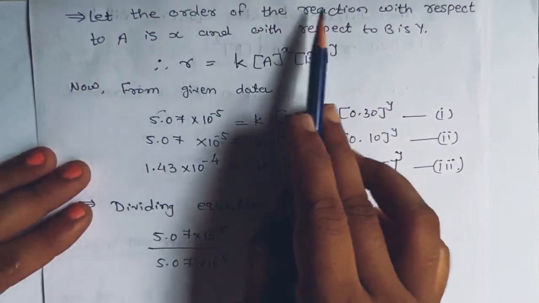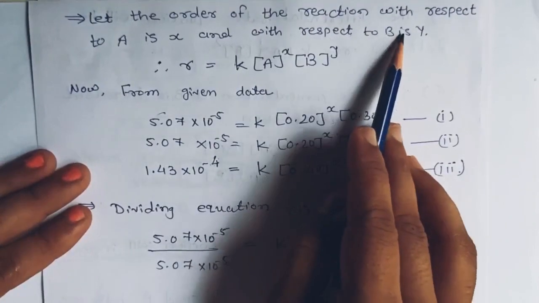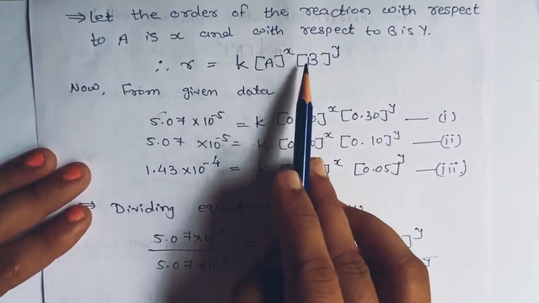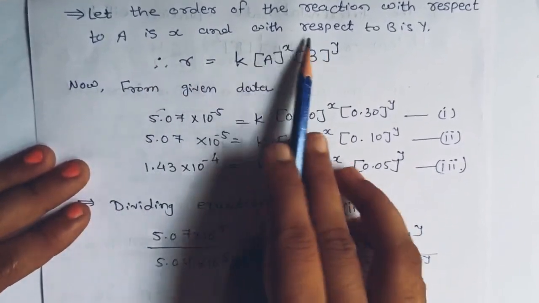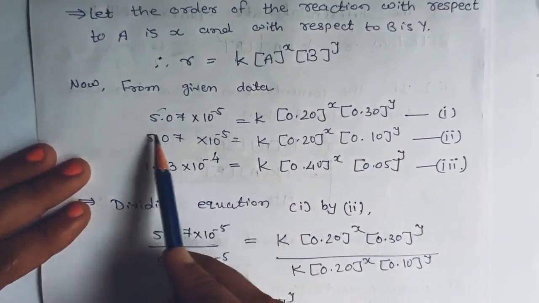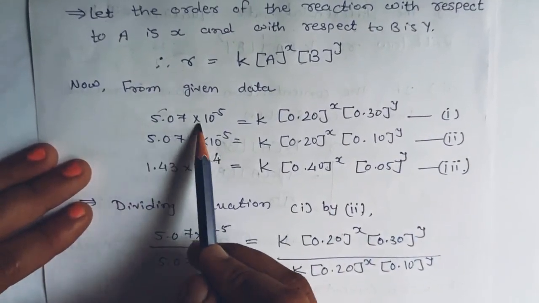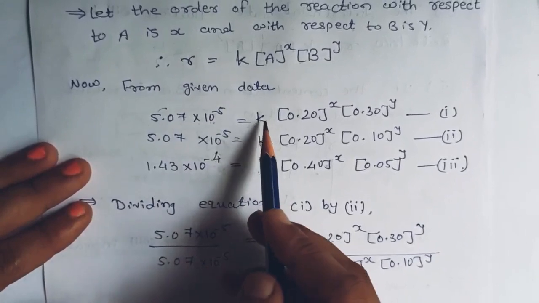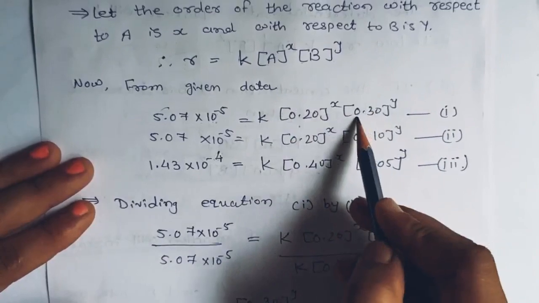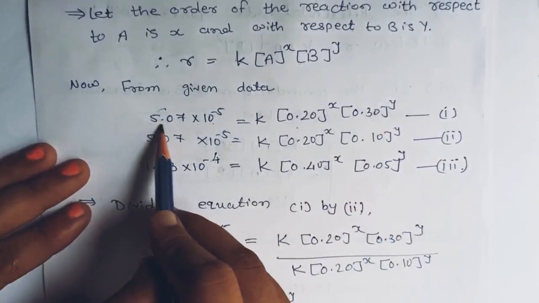Let the order of the reaction with respect to A be X and with respect to B be Y. So our rate law will be R equal to K A power X and B power Y. First of all, you have to write this general equation, and then from the given data you can form different equations. When the rate is 5.07 into 10 to the power minus 5, equal to K, you replace 0.20 as the concentration of A and 0.30 as the concentration of B. When you take these concentrations, the rate of reaction will be this.